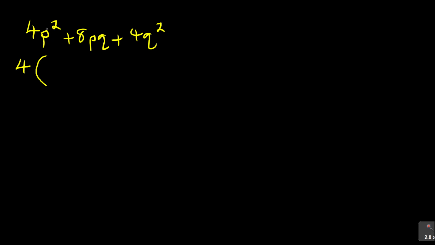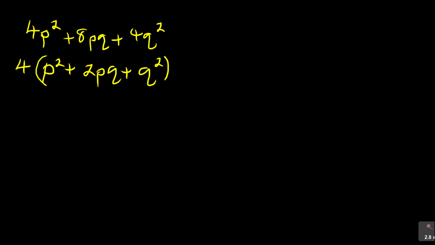So how do you work this out? Take out 4: 4 cancelling 4, 4 cancelling 8 is a 2, 4 cancelling 4 there is a 1. So you can see it's p squared plus 2pq plus q squared. That's what you're going to have. Then that is where the product sum method will come in when I'm factorizing this.